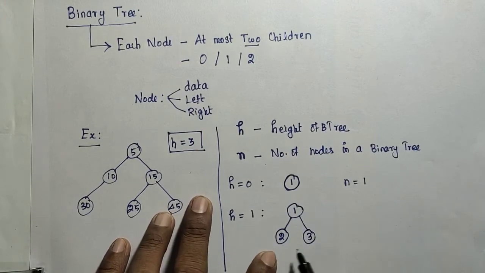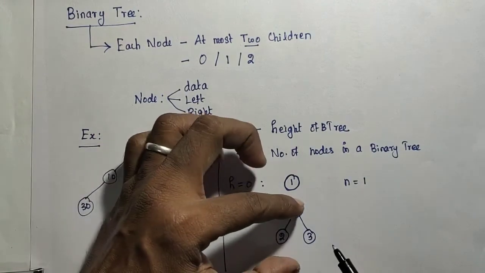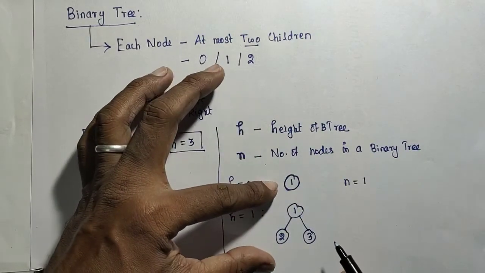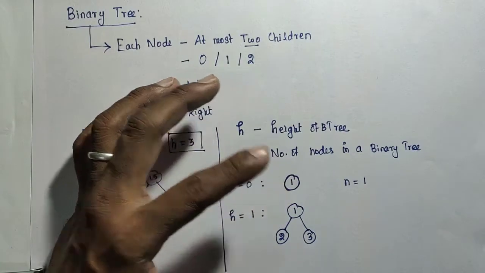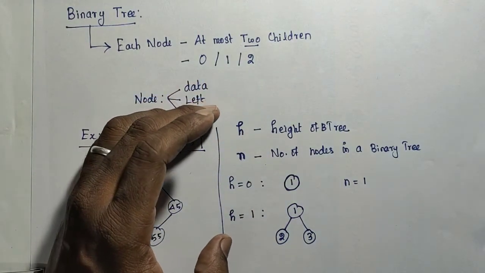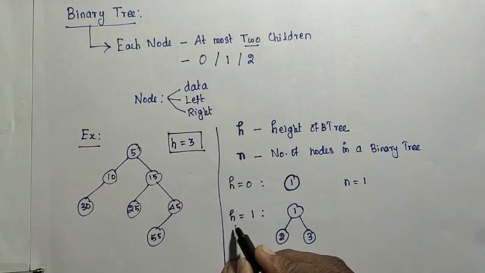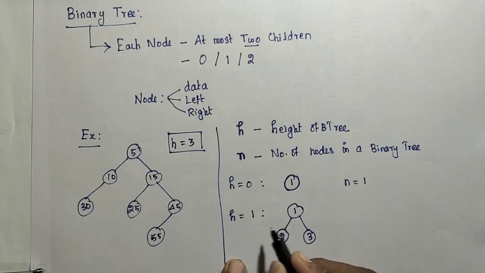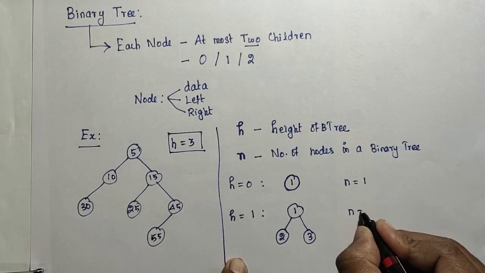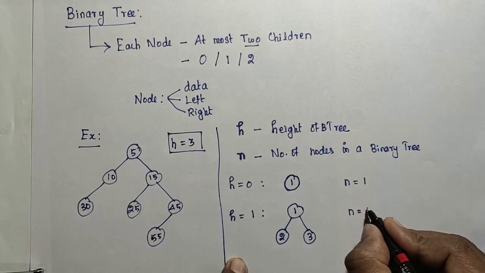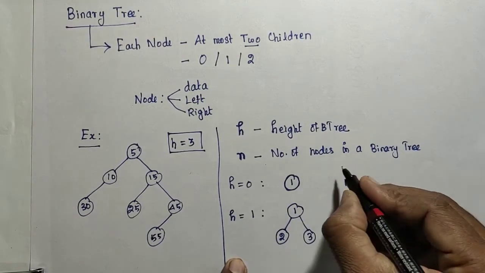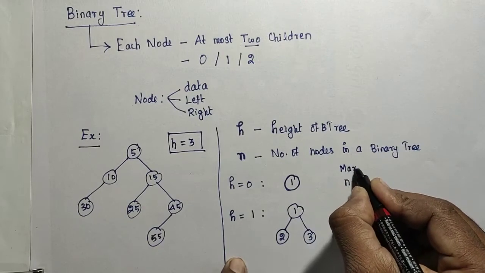Further I cannot add any more. This is the tree with height 1. Within the tree I cannot add further nodes. So if you want to construct the tree with height equal to 1, the maximum n is 3 number of nodes.